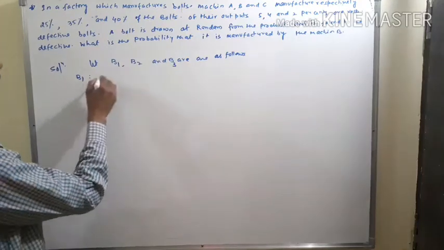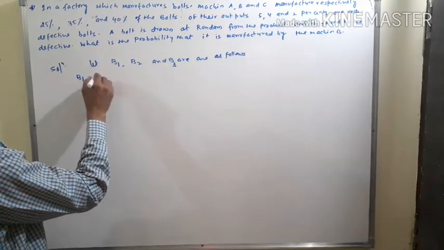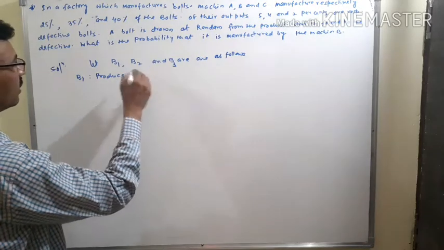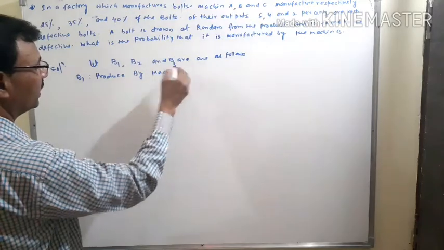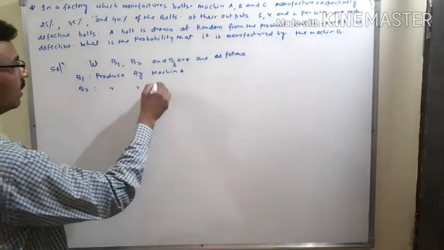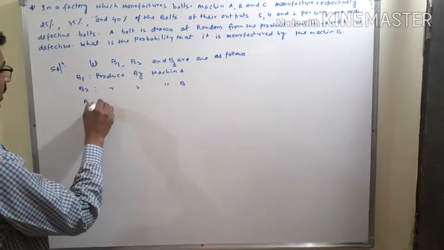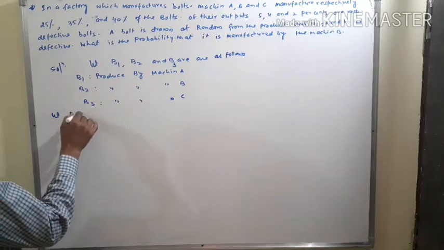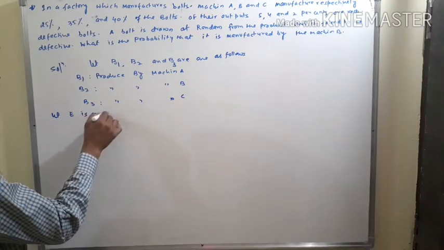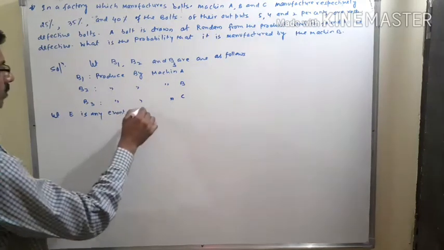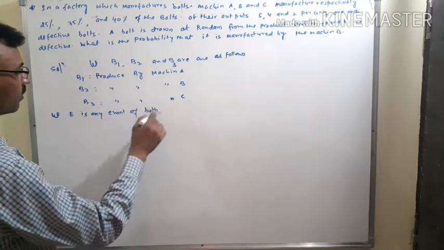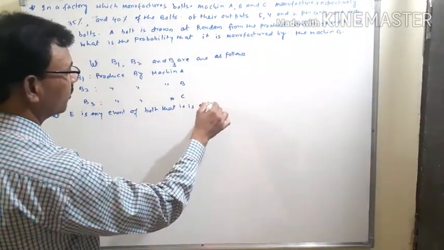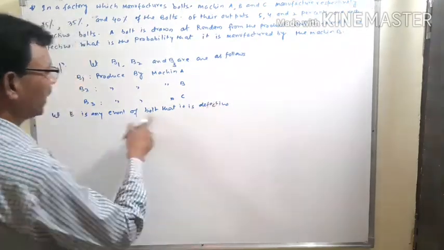B1 is the bolt produced by machine A, B2 is produced by machine B, and B3 is produced by machine C. Let E be any event of a bolt that it is defective. That means E is the event of a defective bolt.